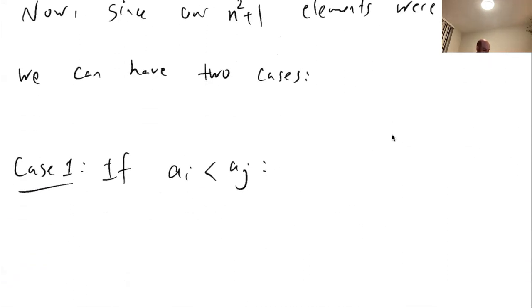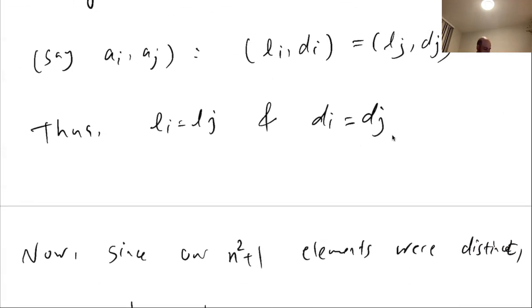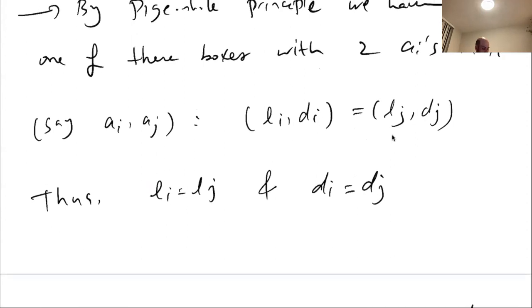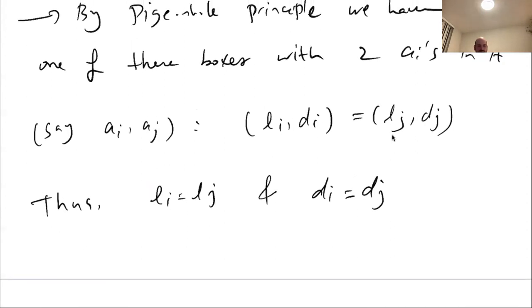Now, if AI is less than AJ, first of all, I can assume that one of the indices is smaller and one of them is bigger, right? Because I have two elements AIs, so one index will be bigger than the other one. So I can say, let's say I less than J, right?